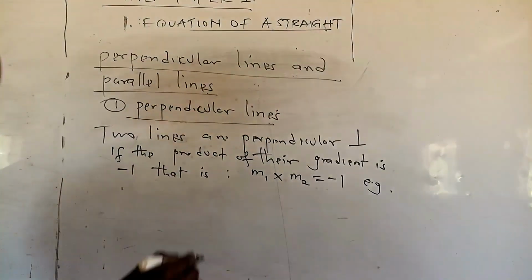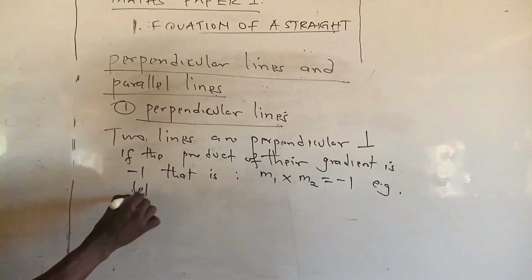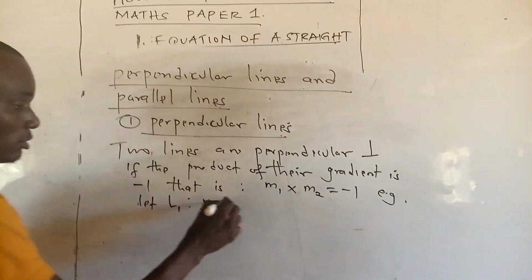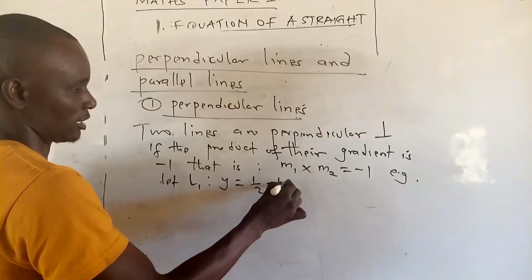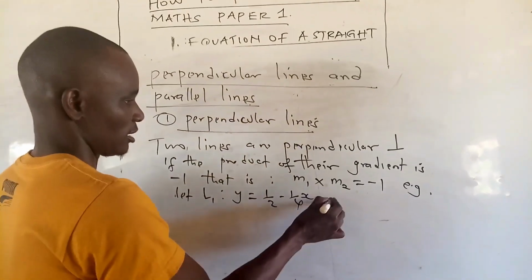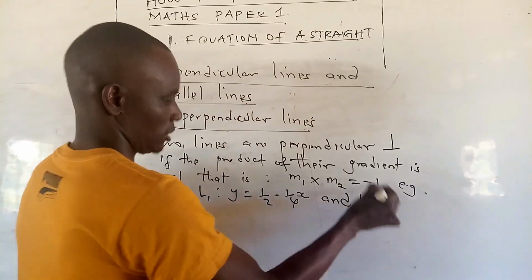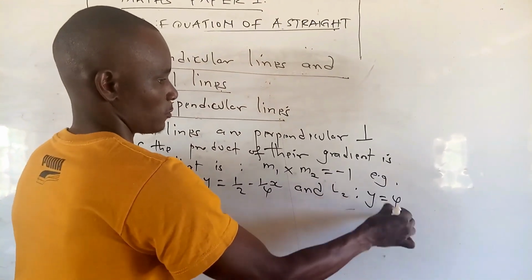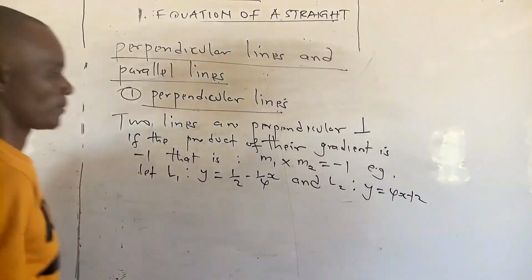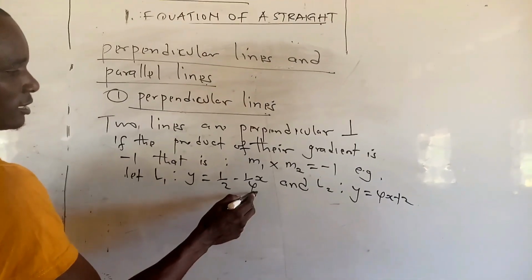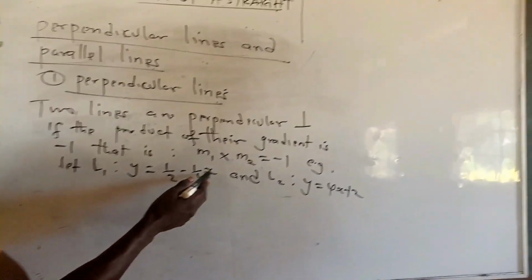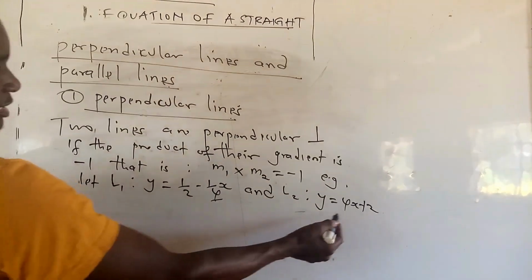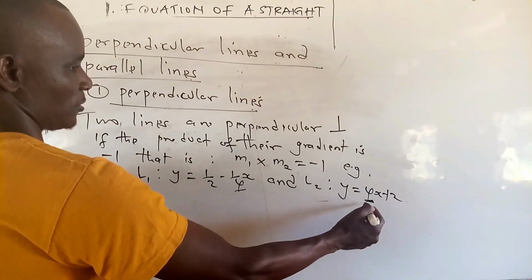E.g., if you have these two lines, let line 1 be y is equal to half minus a quarter x, and line 2 be of the form y is equal to 4x plus 2. When you look at these two lines, the coefficient of x, which is always the gradient, on this side is -1/4, and on this side is 4.